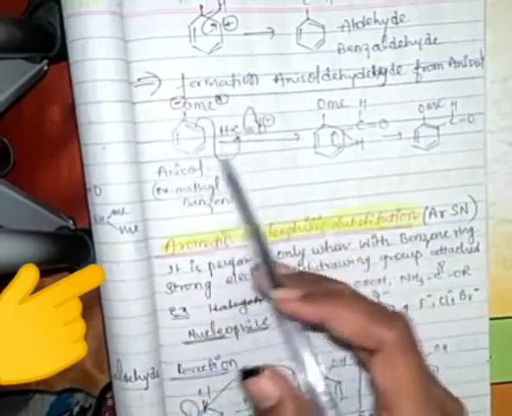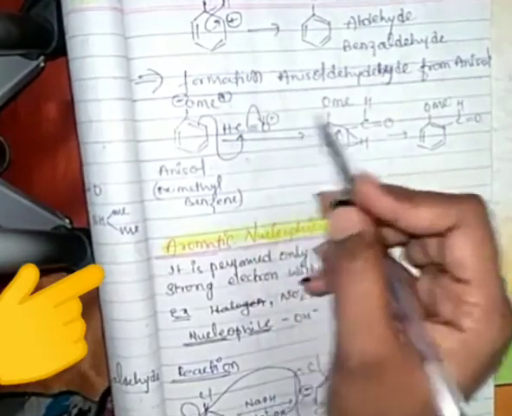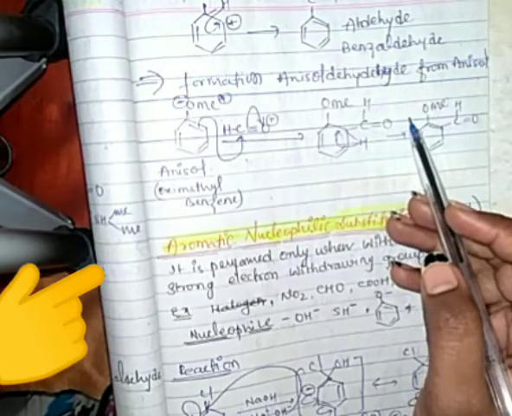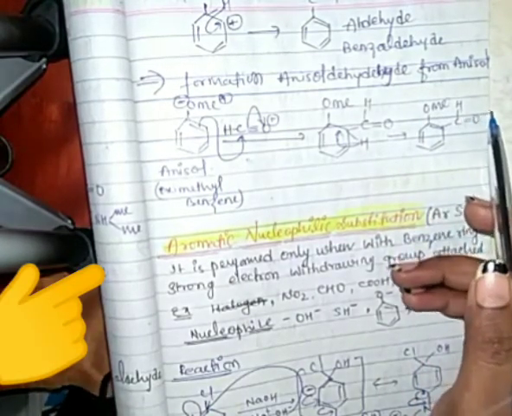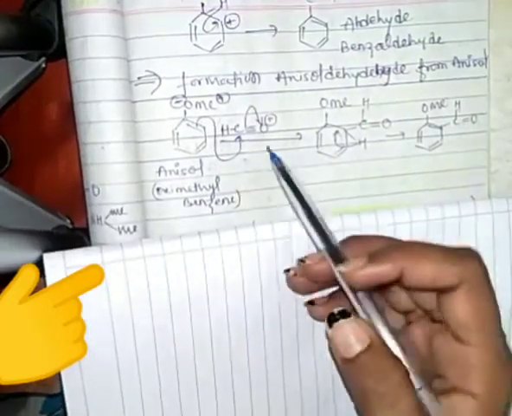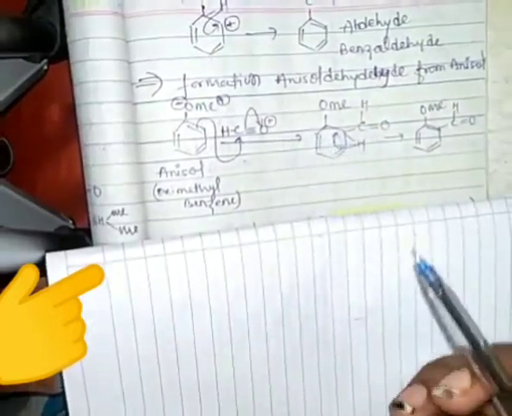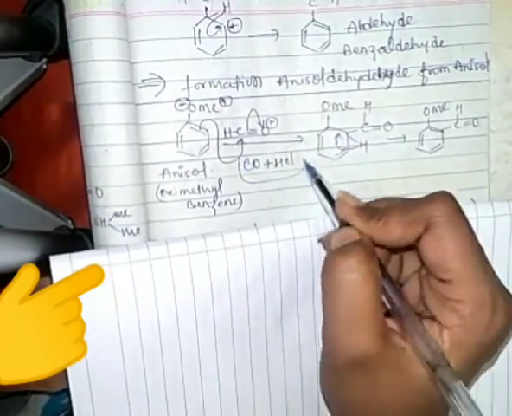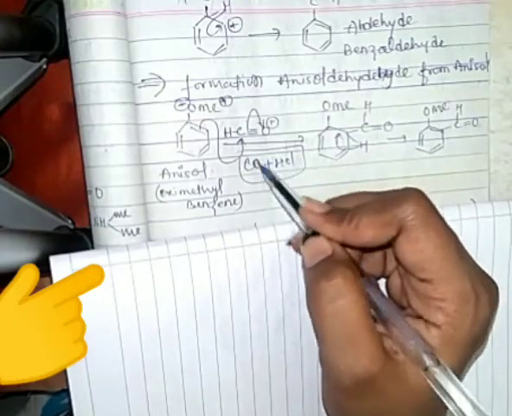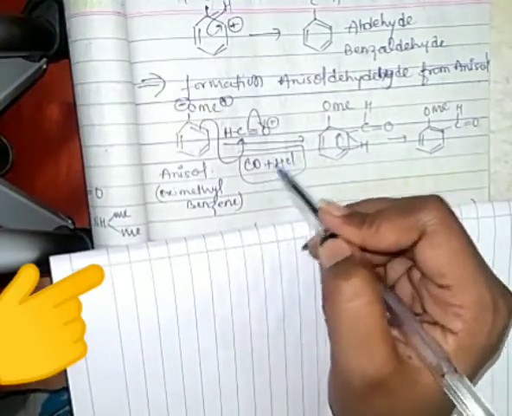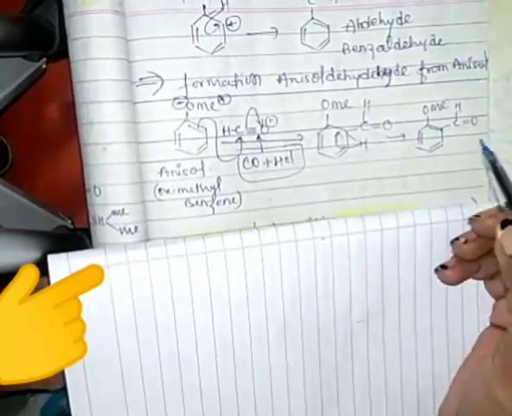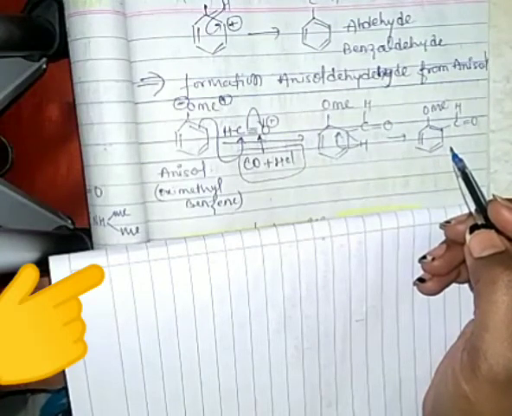So anisole reacts with this group and forms anisaldehyde. This is anisole, methoxybenzene, reacted in the presence of CO plus HCl, carbon monoxide plus HCl. These both reagents react together, form this one, and this is reacted with this and forms anisaldehyde.